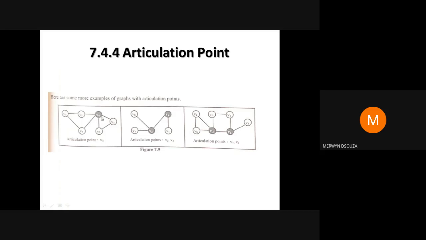All these vertices are articulation points. If you remove that vertex, the graph will get disconnected. You can see here this one. If you remove that, the graph gets disconnected. Similarly, if you remove this one, the graph will get disconnected.